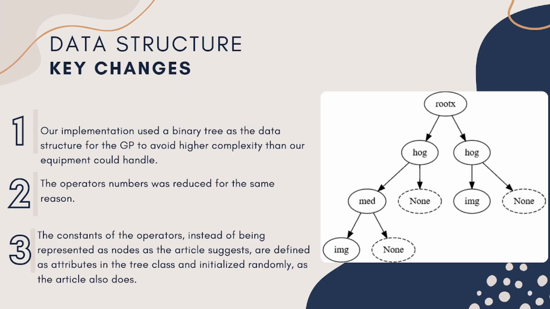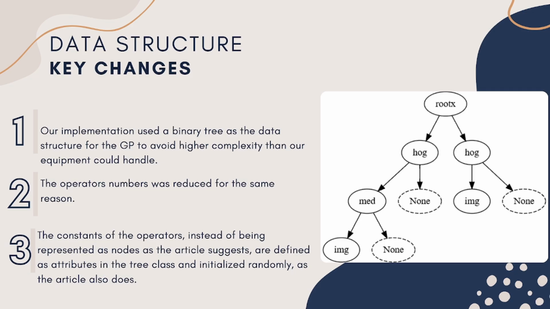In our implementation, we use a binary tree instead of a tree without limits, as the article does. This was to avoid higher complexity than our equipment could handle. We also reduced the number of operators that the tree could select for the nodes.